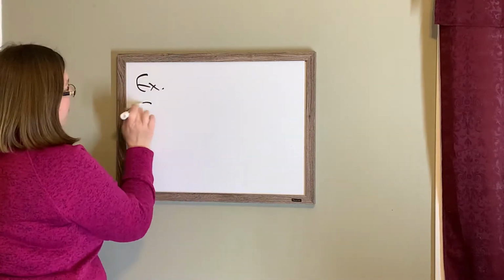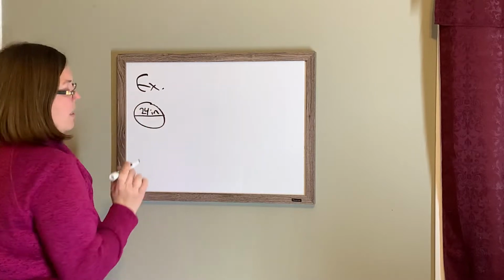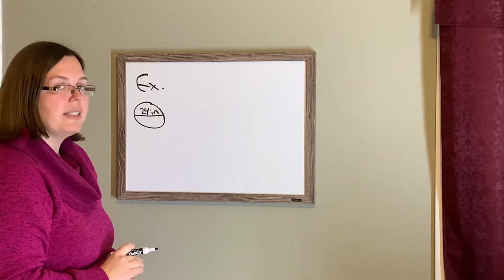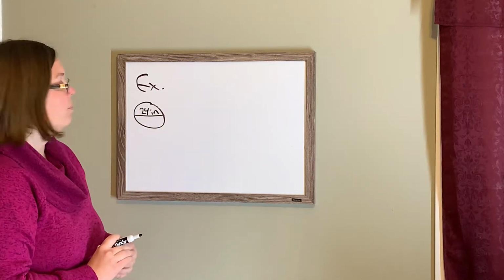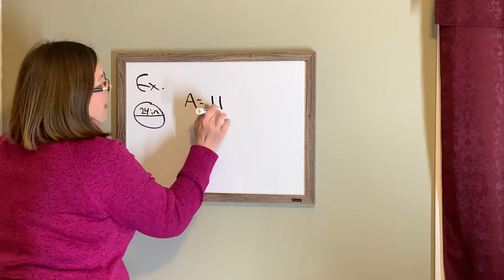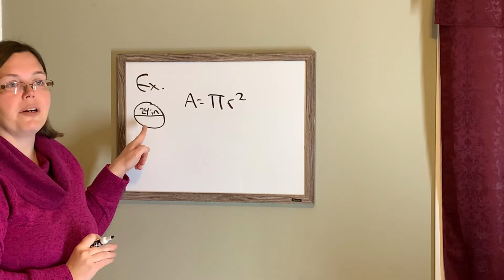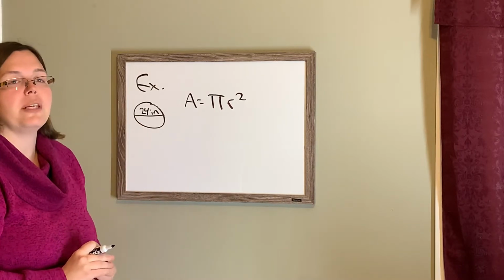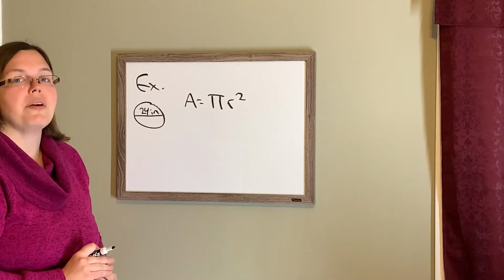This time, I'll give you a diameter of 24 inches. I know it's a diameter because it goes from one side of the circle all the way to the other side of the circle. Since I know the formula for area is pi r squared, I noticed that they gave me a diameter. A question you should ask yourself while doing these formulas is, did they give me a diameter or did they give me a radius?